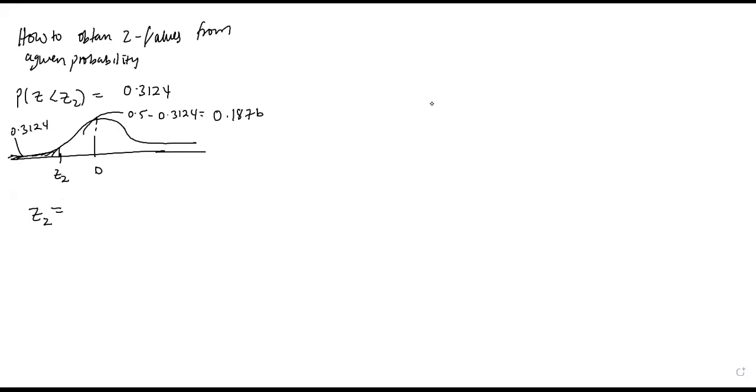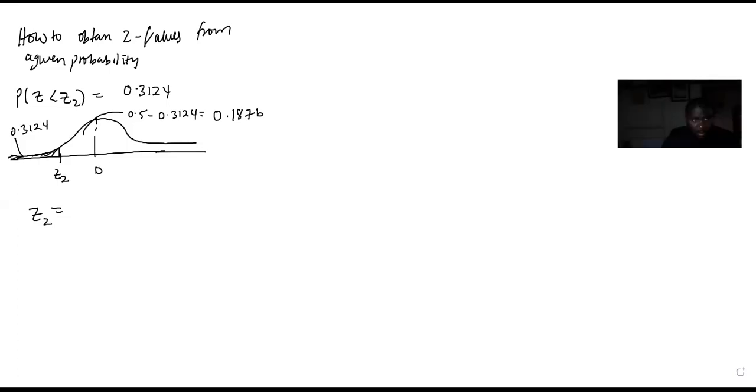Excuse me, sir. Last time there was a number whereby it said probability of Z is less than Z1, and then we got 0.8173.